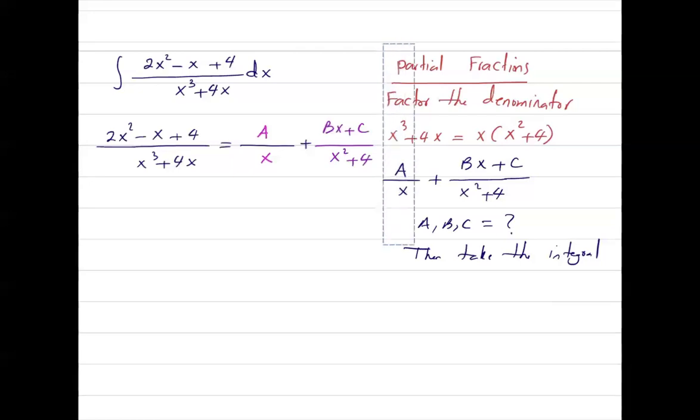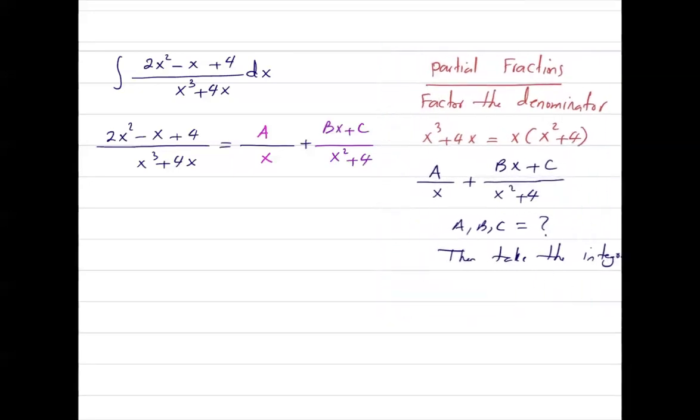Let me move this a little bit to avoid any confusion. So you keep your left-hand side, which is 2x squared minus x plus 4, with denominator x cubed plus 4x. Now on the right-hand side, take a common denominator.